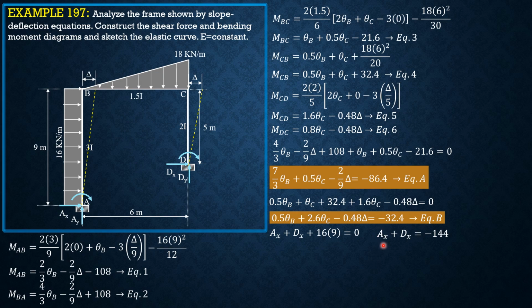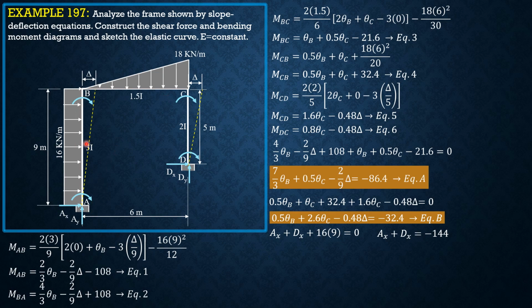So to derive Ax, we're supposed to draw the free body diagram of columns AB and CD. So just imagine that we have MBA, which is also assumed clockwise, MCD also assumed clockwise, and they have values already.